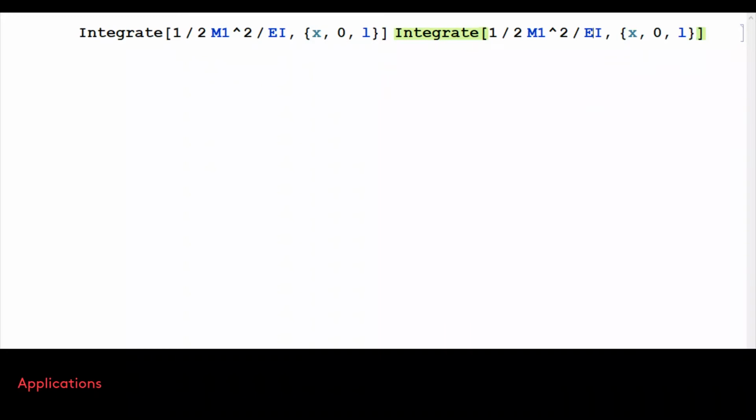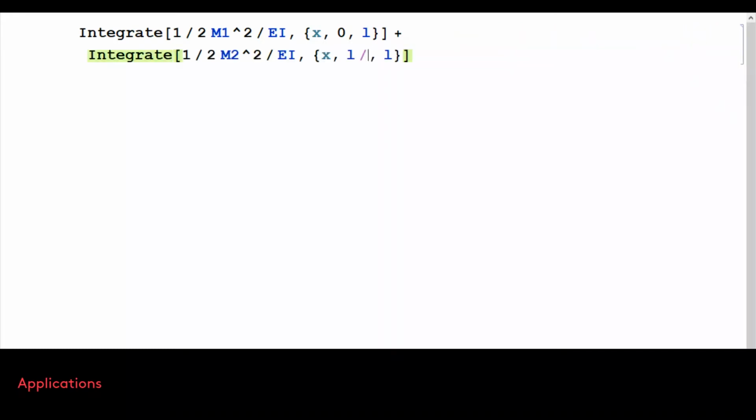Now I will calculate the strain energy in the second part. So that is from L divided by 2 to L. That's okay. Now 1 over 2 M square multiplied by the effective value of the shear modulus.